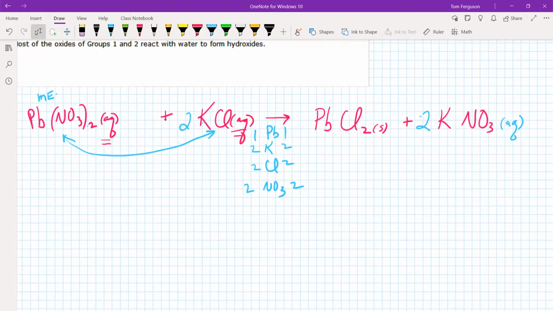The total ionic equation is we pull everything apart.